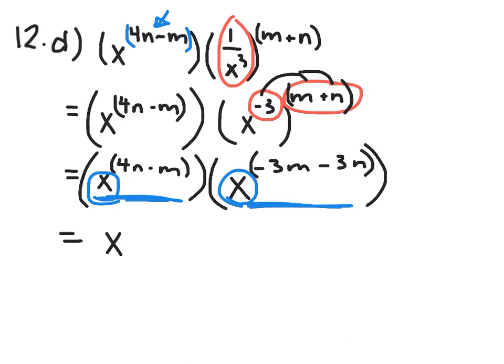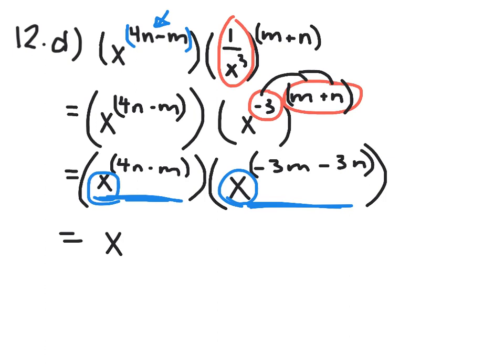You could take them off to the side and add them, or you can write them right in the exponent and add them. That's what I'll do: 4n minus m plus negative 3m minus 3n.